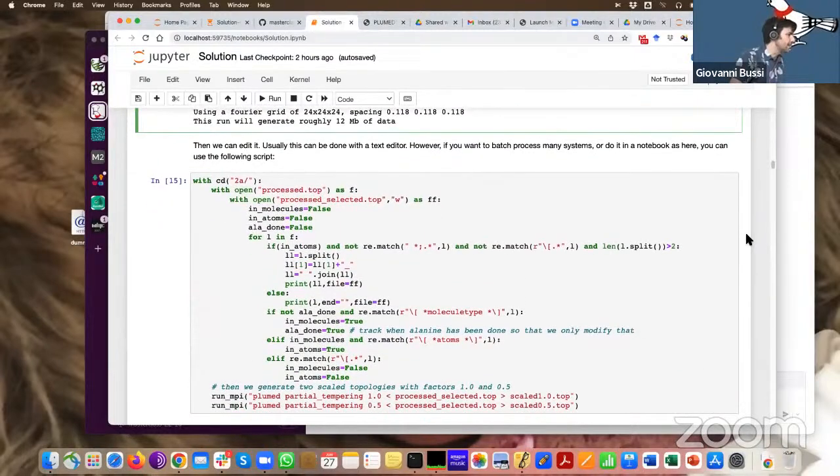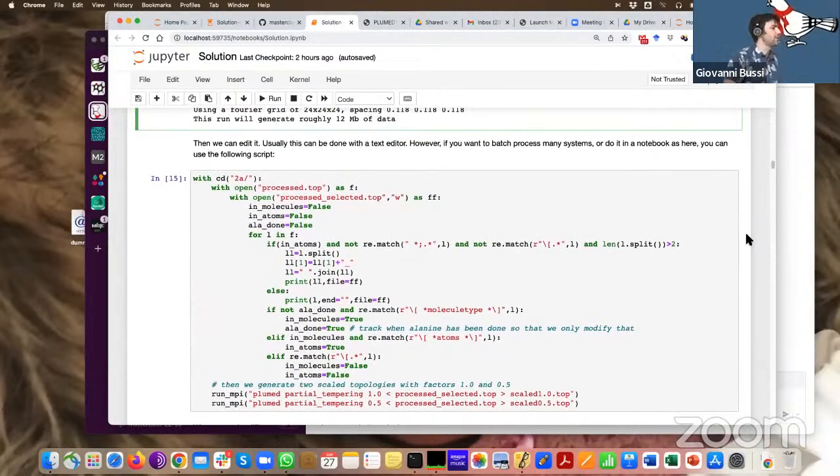The next thing that we have to do is to edit this file. I have to specify which are the atoms that we consider as part of the solute. This is actually the very interesting part because you don't have just a flag to say, please scale the solute, but you can select individual atoms. It makes sense to select contiguous regions in the topology, but you can select just a few residues.